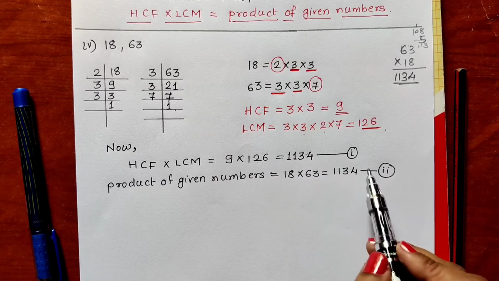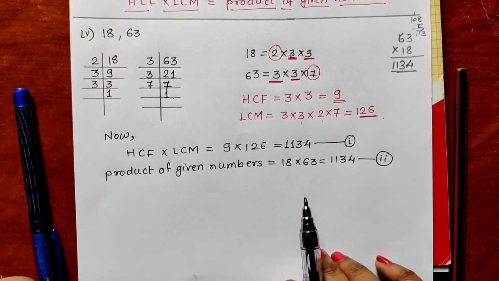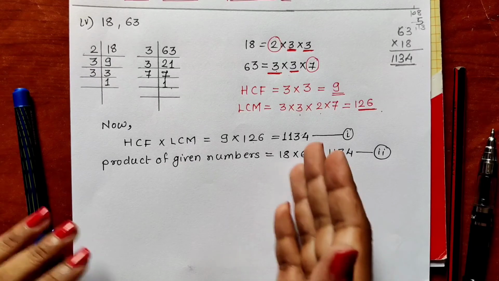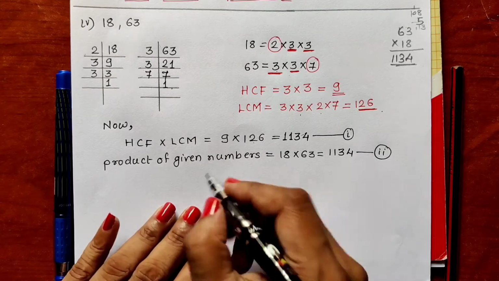So when we observe 1 and 2, what we can see? We can see that the right hand side is equal. As the right hand side is equal, automatically the left hand side will also become equal. So from 1 and 2, what we can write?